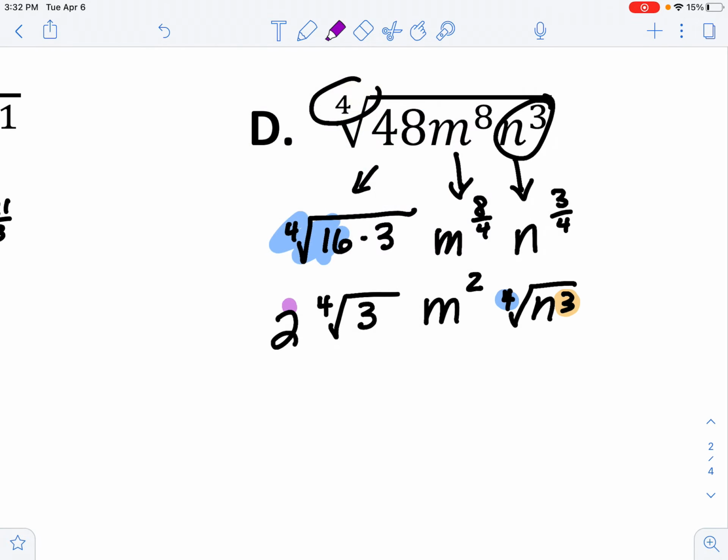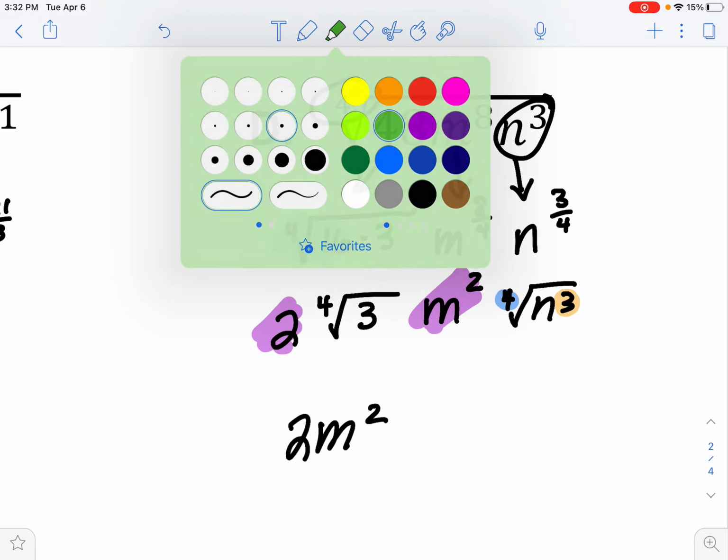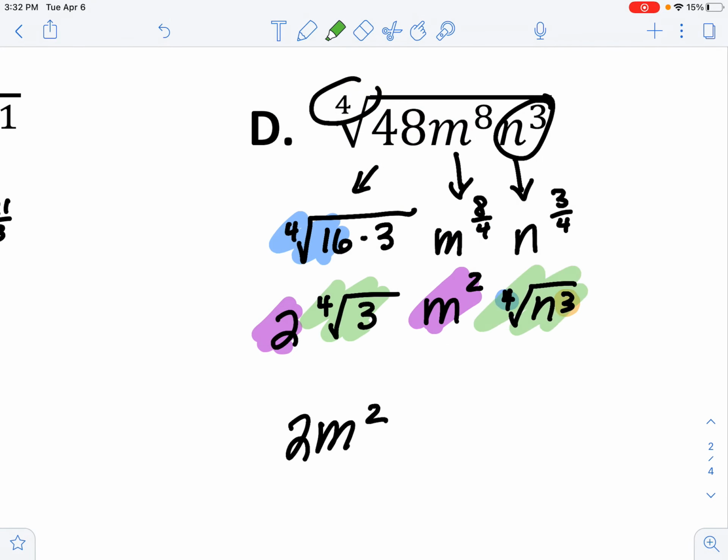So now take your things that are outside, your 2 and your m squared, and that's going to go out front. And then your things that are under the radical, put them together under one radical to get 4th root of 3n cubed.